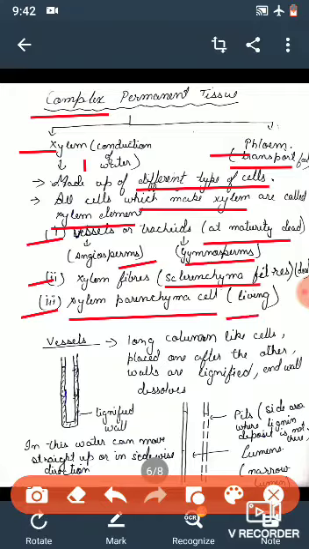Here is the structure of xylem vessels. They are long, column-like structures, which is why they help in the upward conduction of water. They are placed one after the other and the walls are lignified. They also have pits on the side wall. The pits are the areas where lignin deposition is not there.